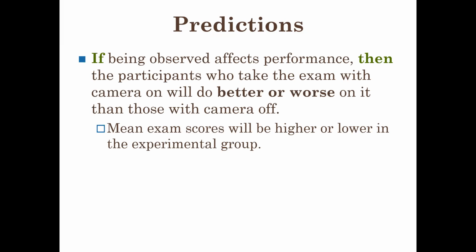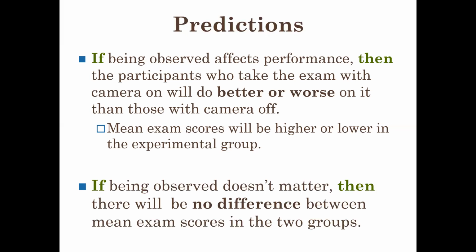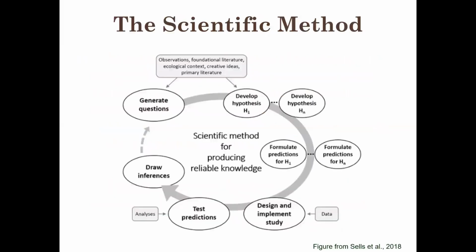In other words, mean exam scores will be higher or lower in the experimental group compared with the control, no camera group. If being observed doesn't matter, in other words, the null hypothesis, then there will be no difference between mean exam scores between the 2 groups.